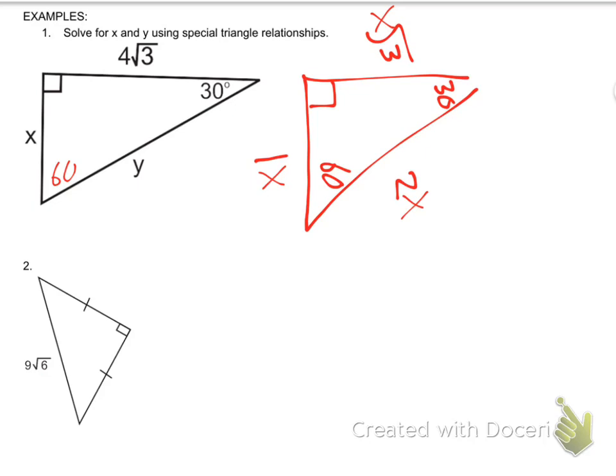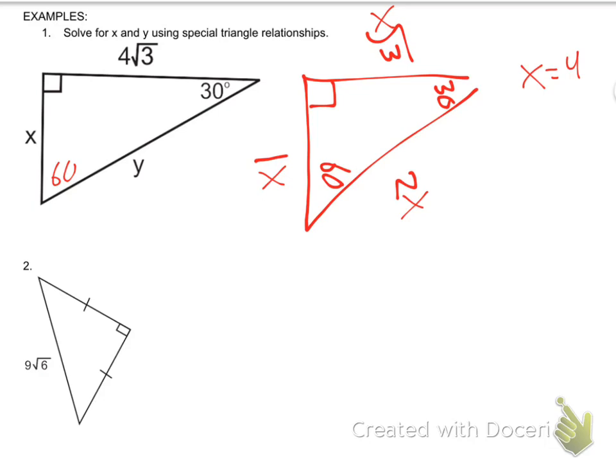Where's the only number on the left side? It's 4 square root of 3. What does it say it is here? It's x square root of 3. That means x has to equal 4. So x equals 4.